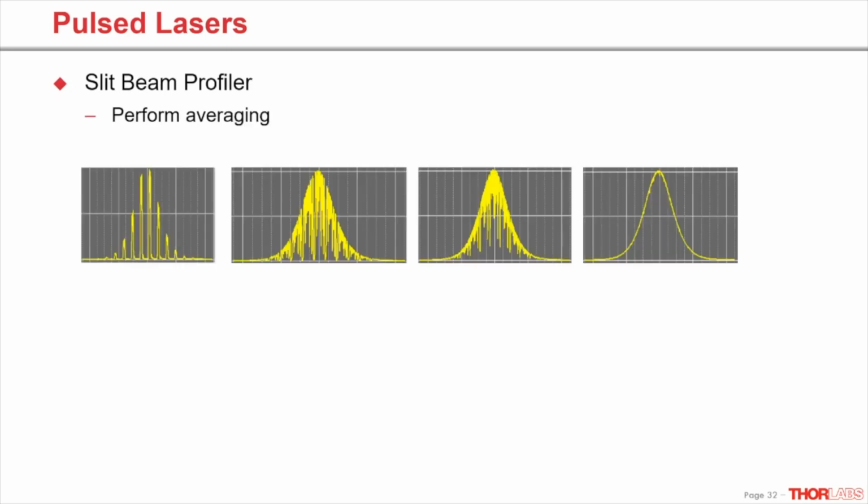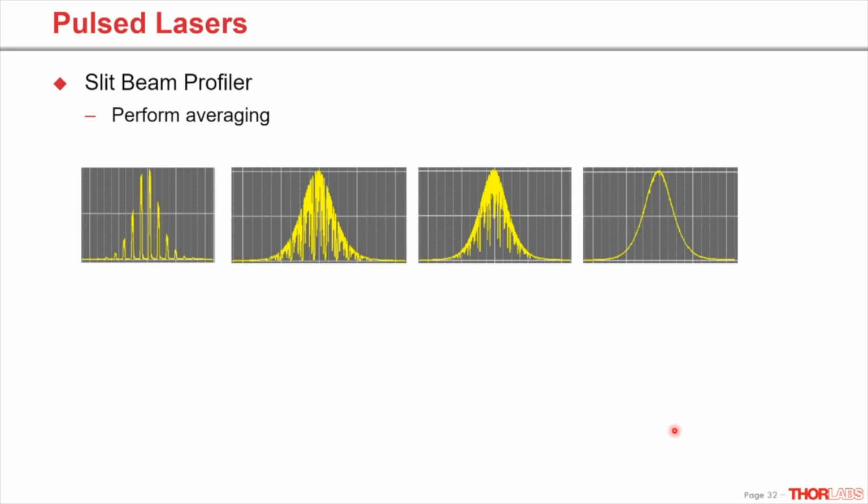But when coming to lower repetition rates, the pulses will always interfere with the drum rotation of a slit beam profiler or with the frame rate of a camera beam profiler. Therefore, sufficient averaging needs to be set to get a smooth profile.